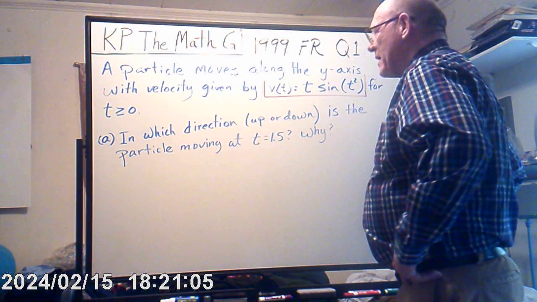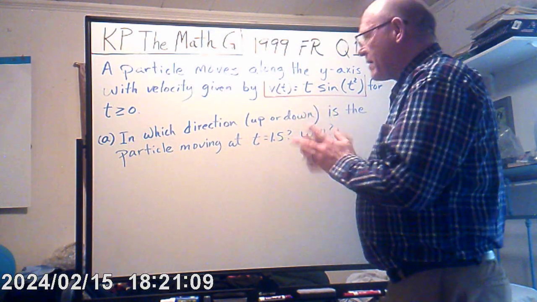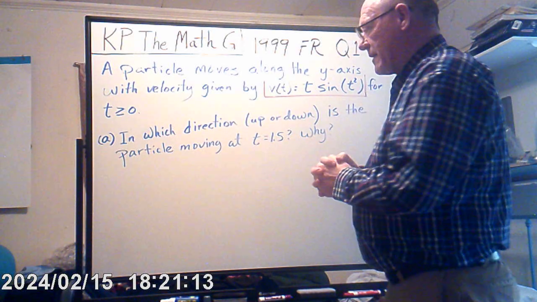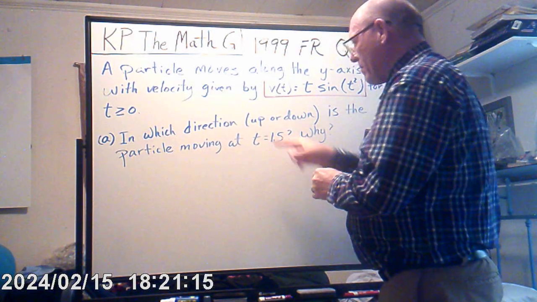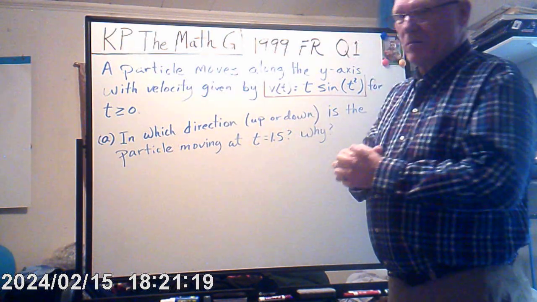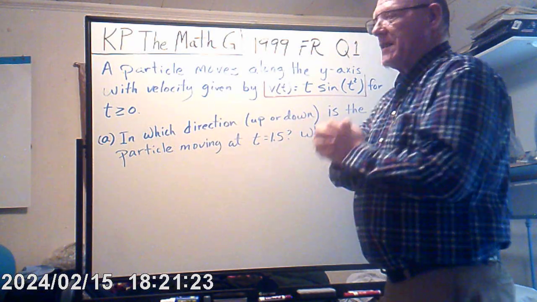Why? Well, now, let's see. What does this say right here? V of t, doesn't it? And when we're talking about in which direction, up or down, we need to know v at 1.5.